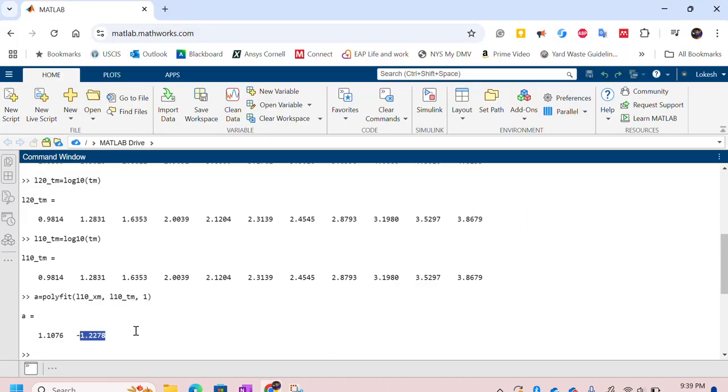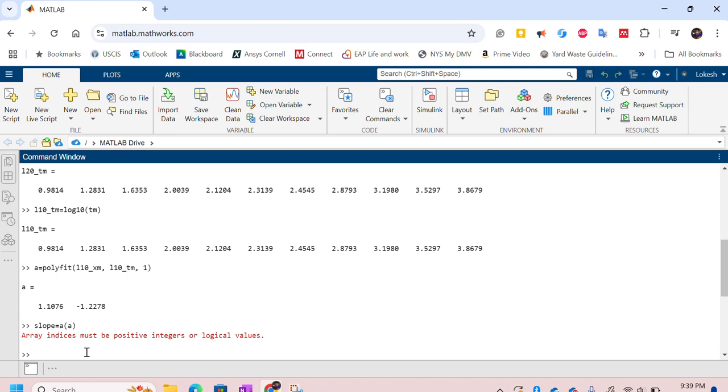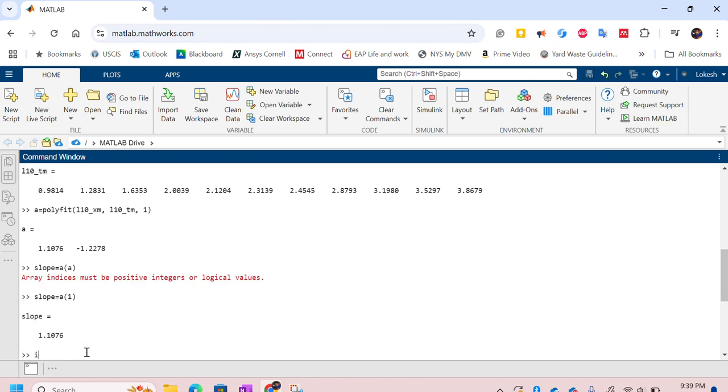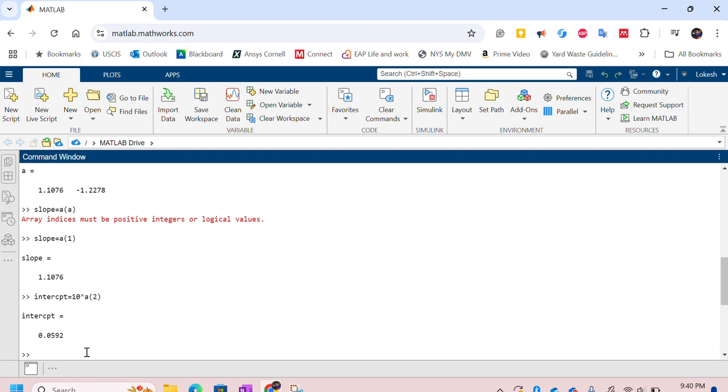So I'm just going to say my slope is going to be a1, and my intercept is going to be equal to 10 to the power a2, and that gives me that value.